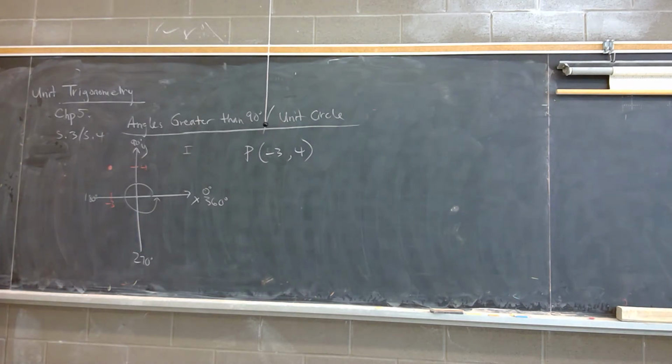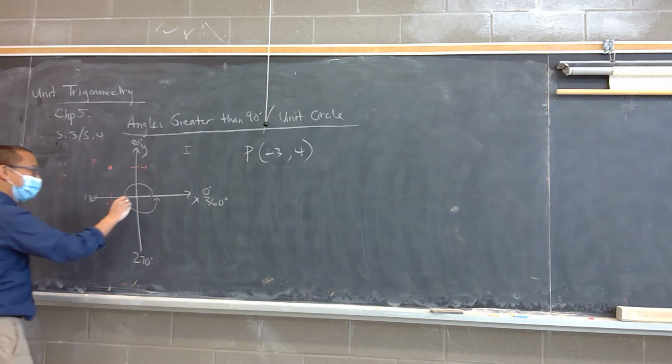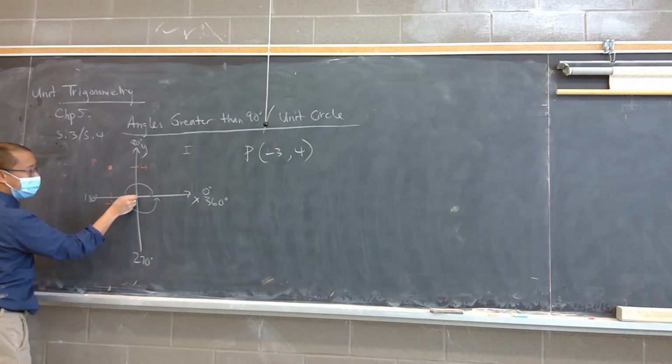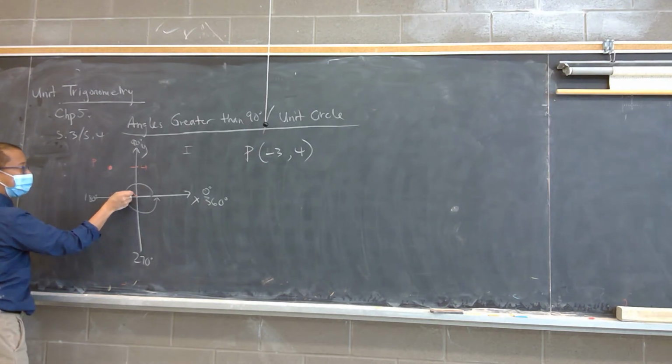So that's point P. And some of you are connecting, wait a second, we've done this in grade 10. It's kind of related to the distance of a line segment from the origin. Not exactly, but it's the idea there. So let's draw the line that goes to point P from the origin.